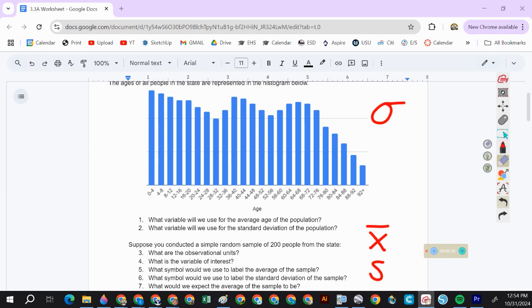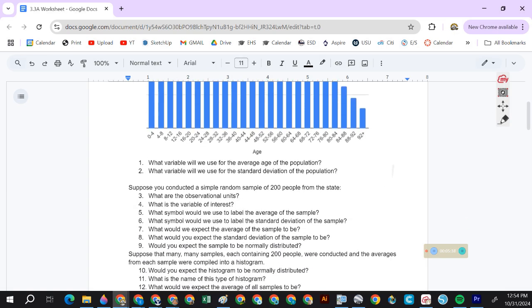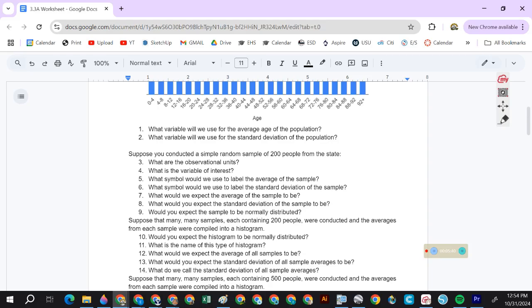All right, now this is going to get a little bit confusing, so make sure you pay close attention. And if you don't understand an answer, please let me know. So, what would you expect the standard deviation of the sample to be? 19.5.